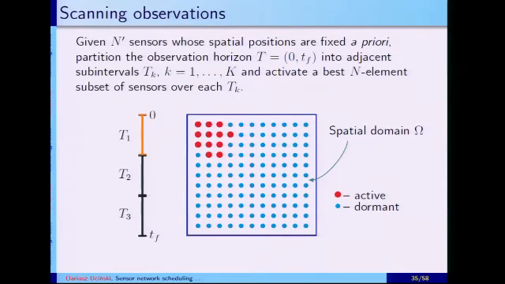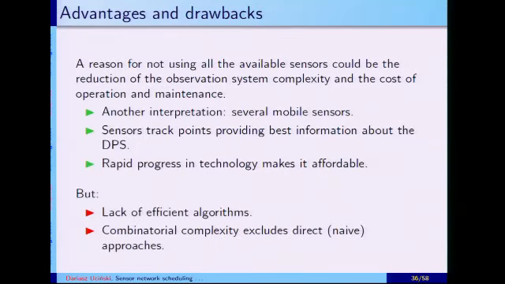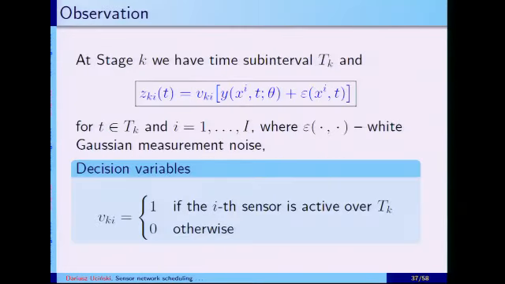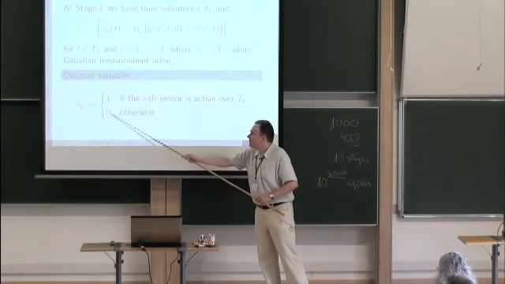Here is stage 1, stage 2, stage 3, and we associate with each sensor and each stage a flag denoted here by VKI. This flag is called a flag because it takes two values: one, if the sensor at a given site over stage TK is active, otherwise 0.